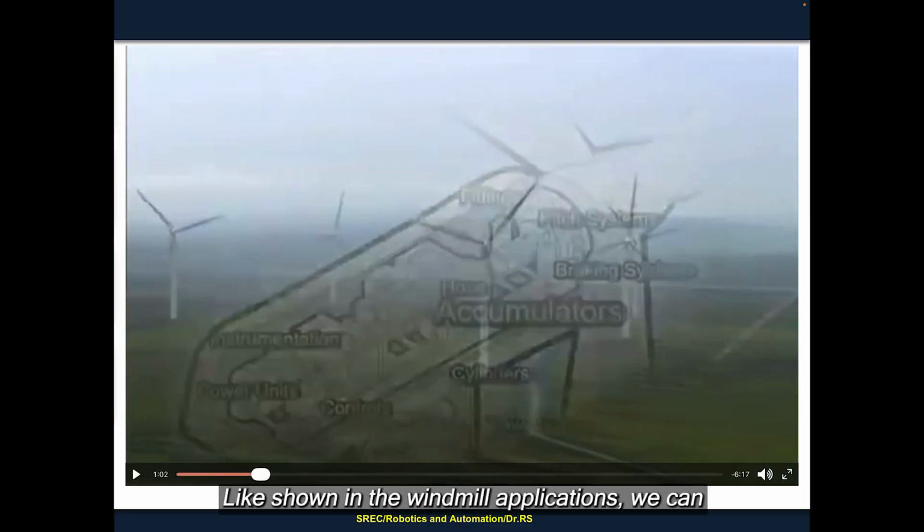Like shown in the windmill applications, we can have accumulators used with the power generating source, where it can store the energy and it can be used whenever the windmill is not operating. So accumulators along with the power generating source give continuous power production in the windmill application. So like this, we have a lot of places where hydraulics or pneumatics are being used for the regenerative power source as well as for other applications.